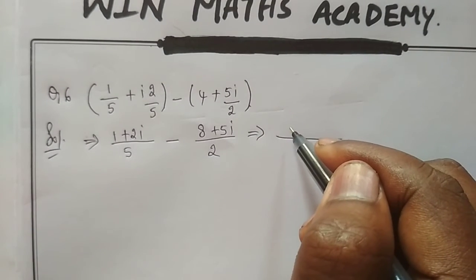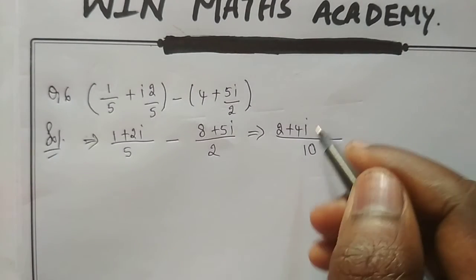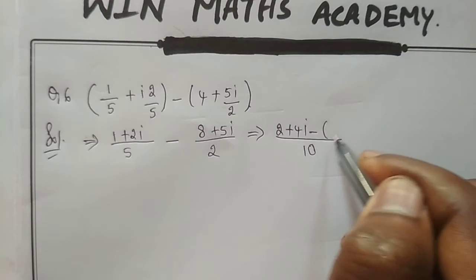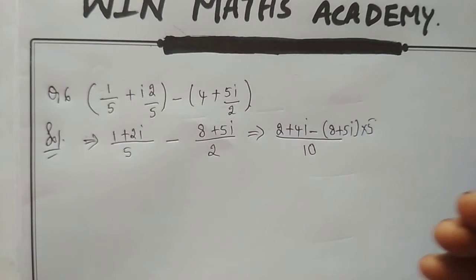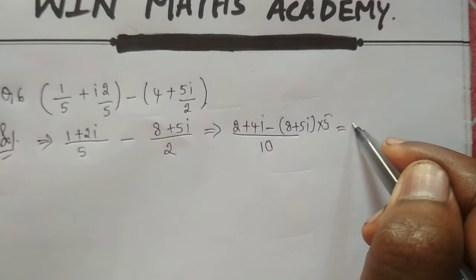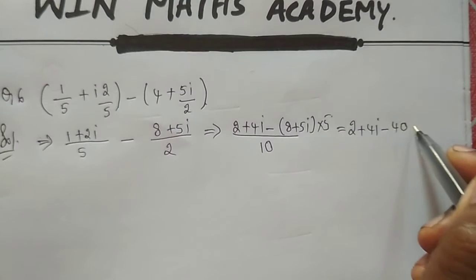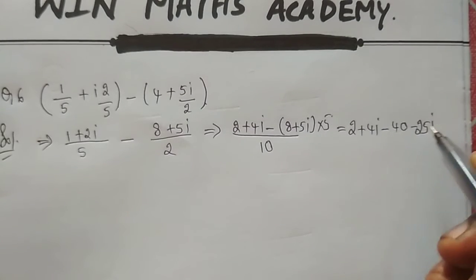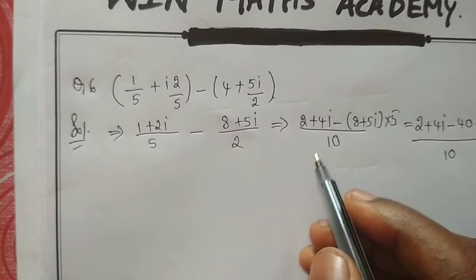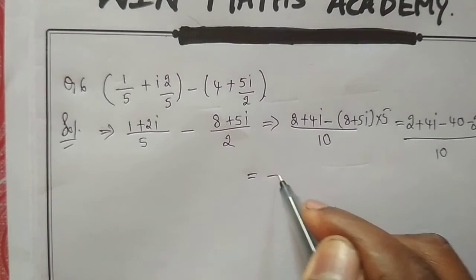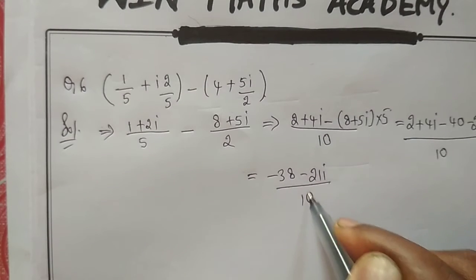So the numerator is 2 plus 4i minus (8 plus 5i) into 5, that equals 2 plus 4i minus 40 minus 25i by 10, that equals minus 38 minus 21i by 10.